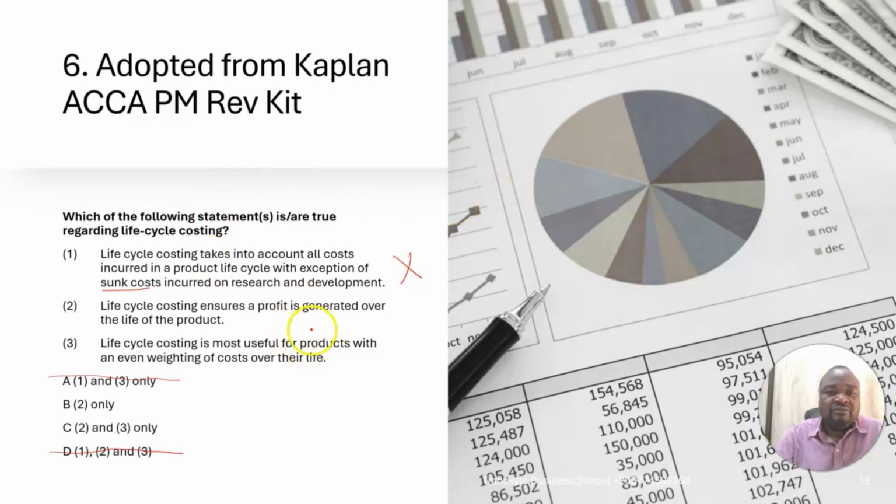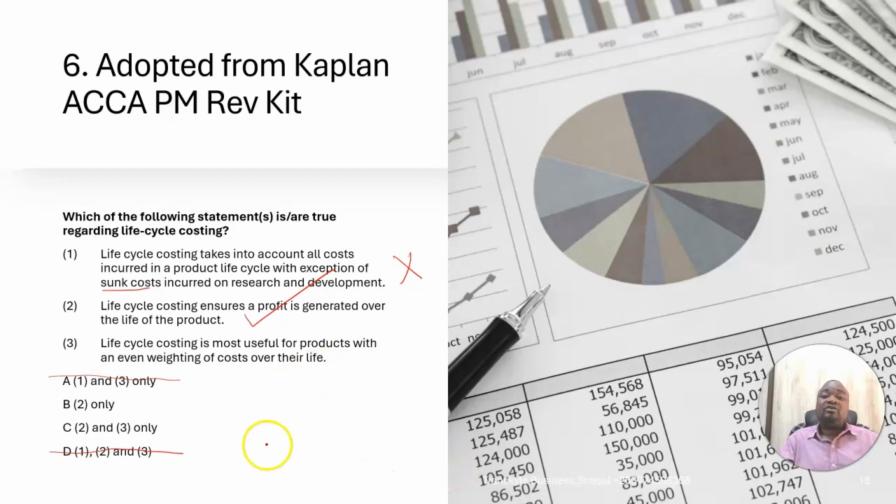So this is correct. Life cycle costing is most useful for products with an even weighting of costs over their life. Now, we talked of spreading out costs, but that doesn't mean the costs themselves should have that even or spread out characteristic.